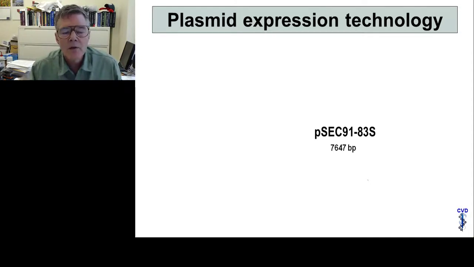You can't do that in a live vector system because of the balance that we're trying to achieve here. So we actually found that when we appropriately expressed antigen at the right levels from low copy number plasmids, we ended up getting superior immune responses. So we need a low copy number expression plasmid. Ours was derived from a plasmid called pSC101. It has an ori101 replicon. It's about 5 copies per chromosomal equivalent.